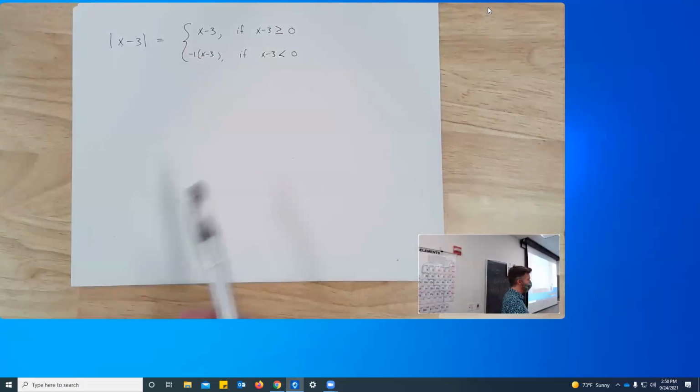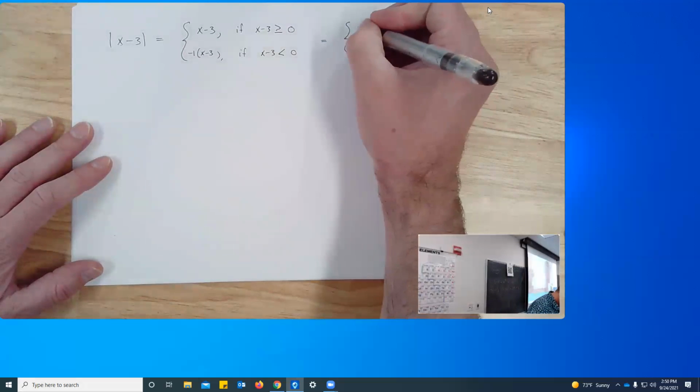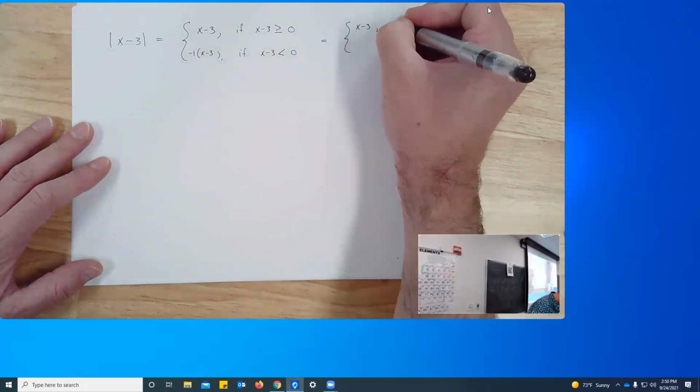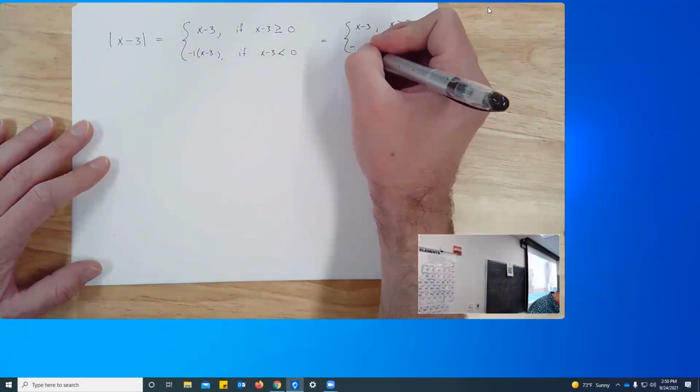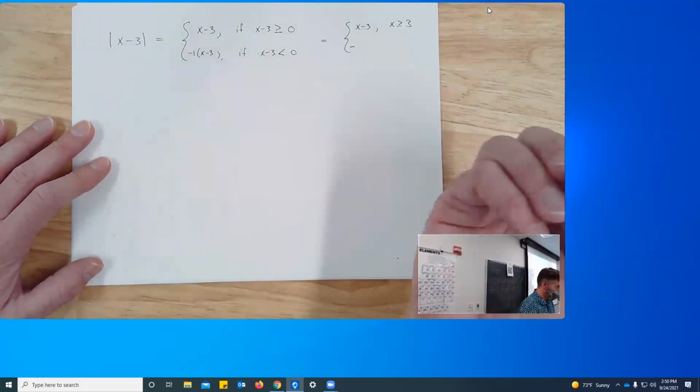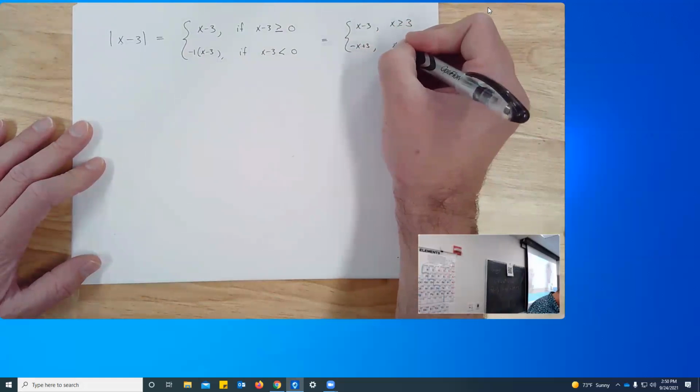And then you could do a little bit of manipulating here, where you could say this is really x minus 3 if x is bigger than or equal to 3, and it's negative, you can even distribute the -1 if you really wanted to, negative x plus 3 when x is less than 3.